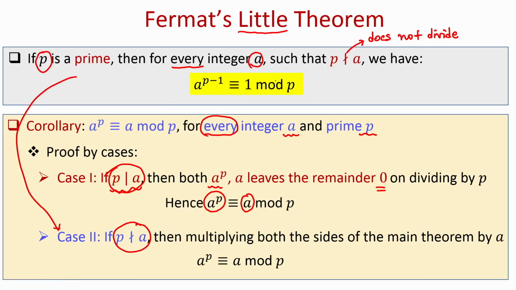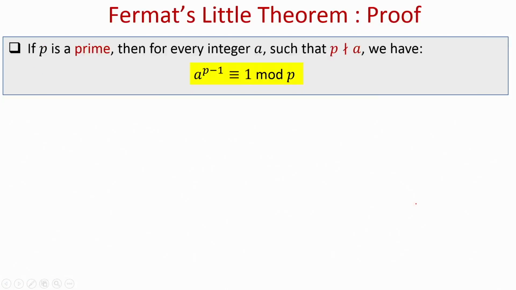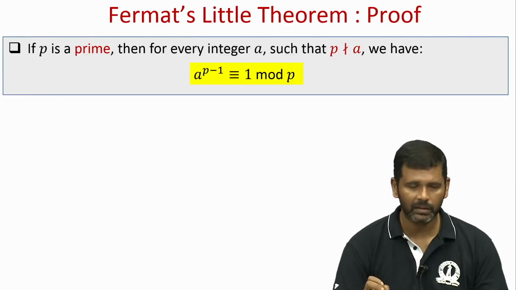That means a to the power p minus 1 is congruent to 1 modulo p, and if that is the case, then if I multiply both sides by a, I get the conclusion that a to the power p is congruent to a modulo p. So, that proves that the corollary is true even for the case when a is not divisible by p. Right. So, now let us come back to Fermat's little theorem and prove it.